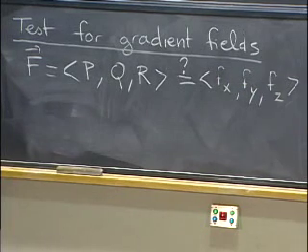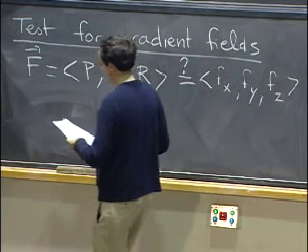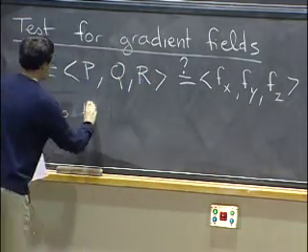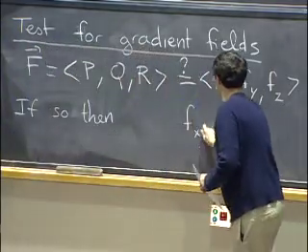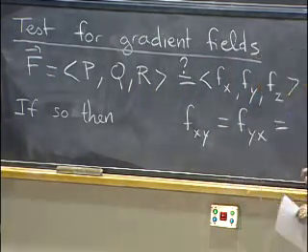And as before, this comes from the fact that the mixed second derivatives are the same no matter in which order you take them. So if that's the case, then I can compute f sub xy, which is the same as f sub yx, in two different ways.